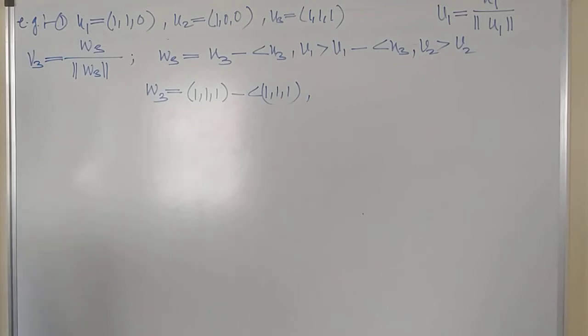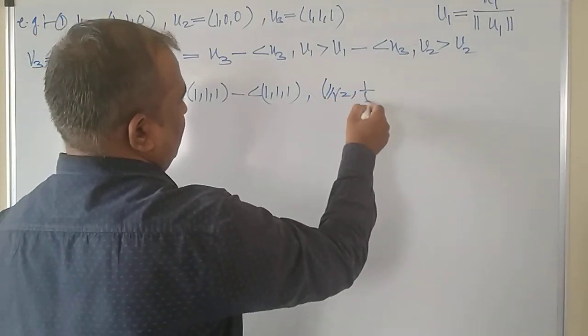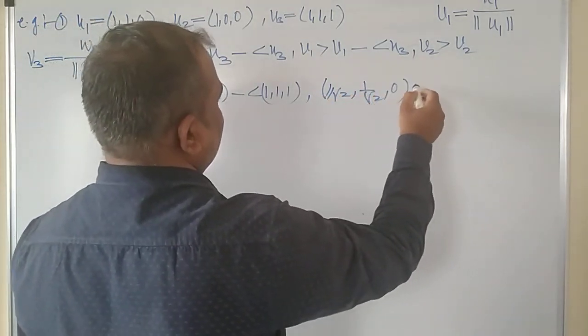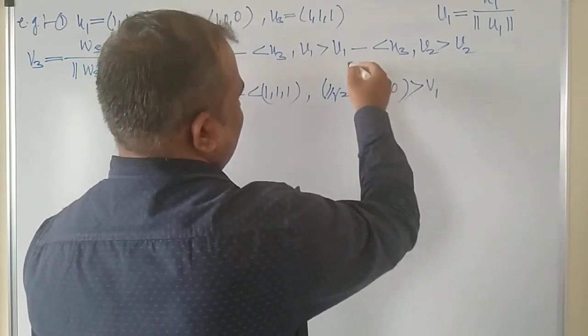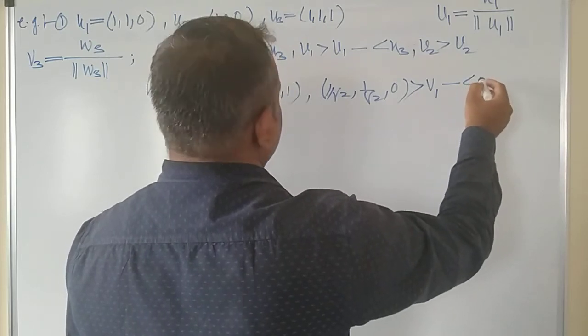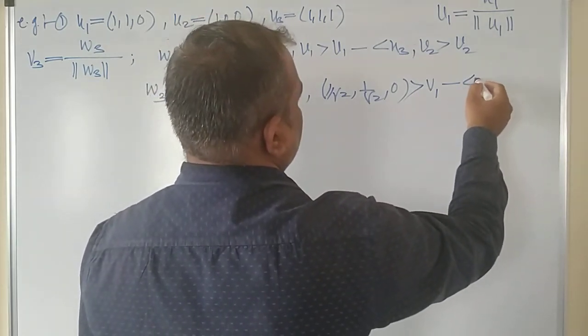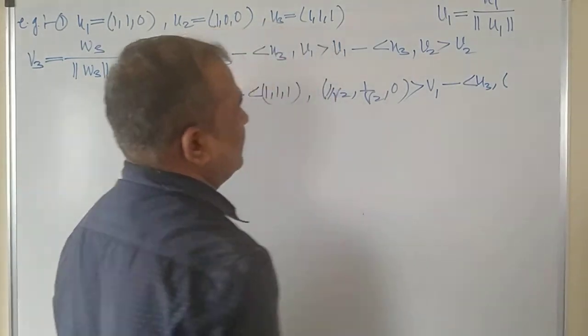Not half. 1 by root 2, 1 by root 2 and 0, right? The inner product of this with V1, I will write V1 as it is because I don't have a space here, and U3 with V2 we need, so I will write V2 here.